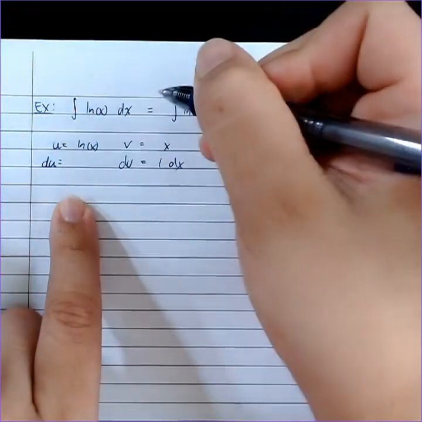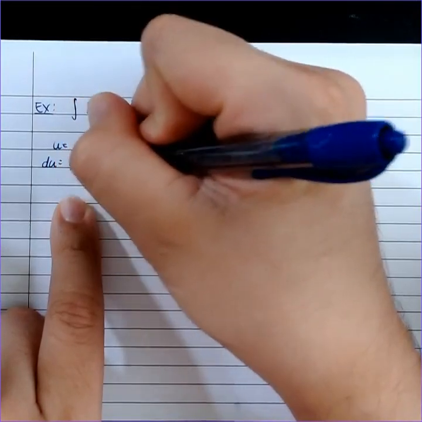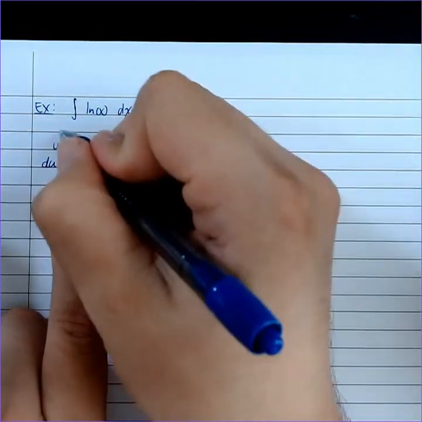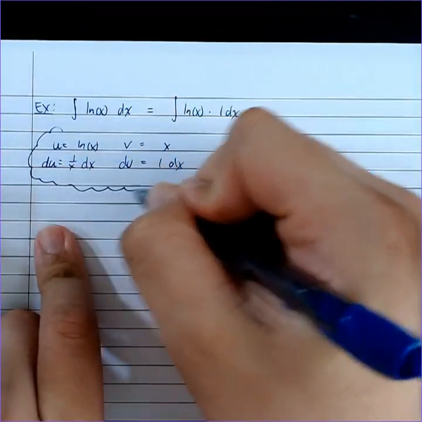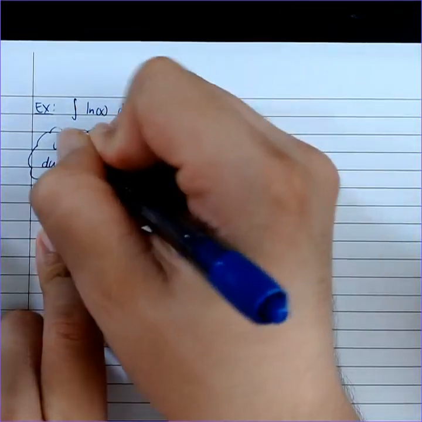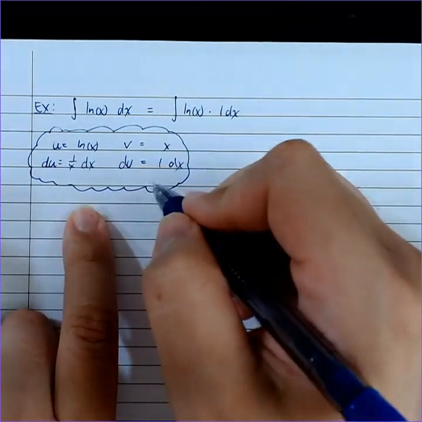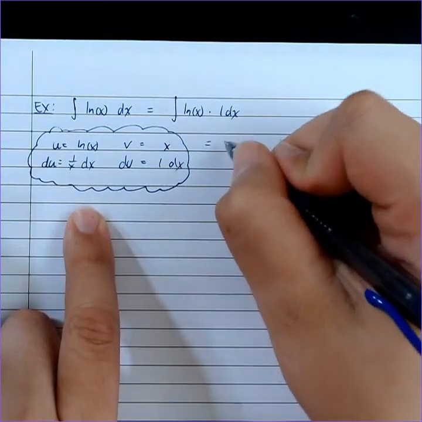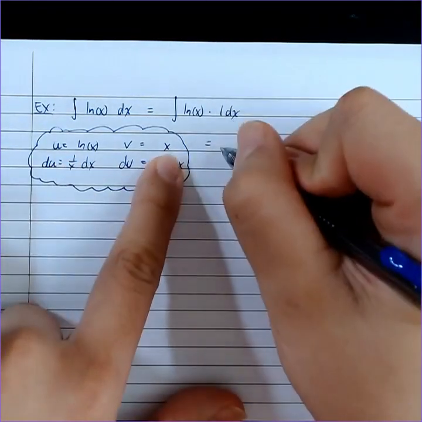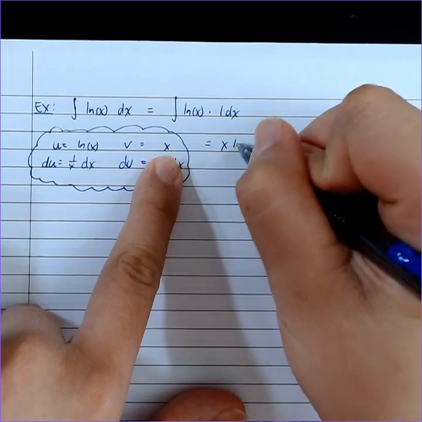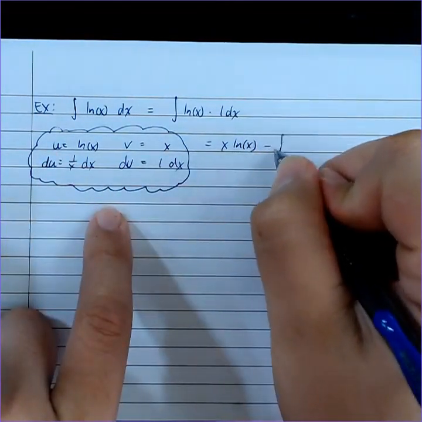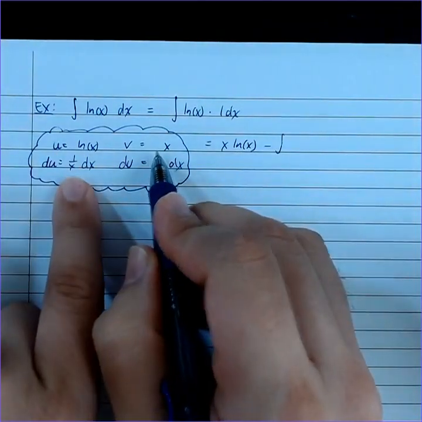Well, we know the derivative of the natural log of x, it's 1 over x dx. So, because of this choice of u and dv, not that we had much of a choice to begin with, we can now say this is equal to u times v, so x times the natural log of x, multiply these together, minus the integral of v times du.